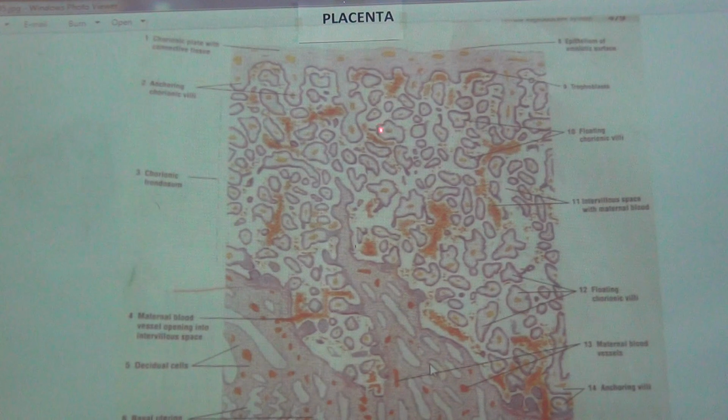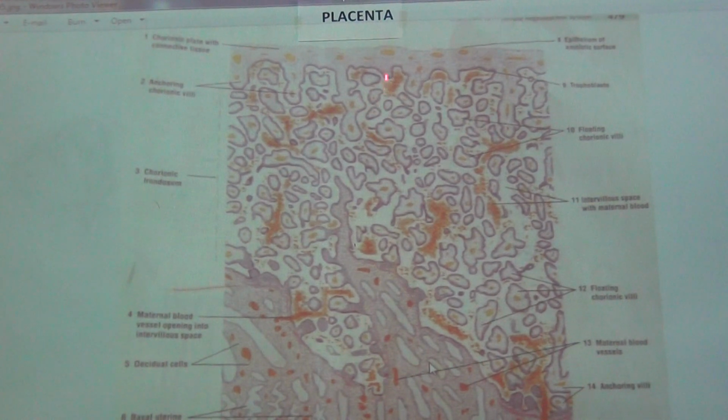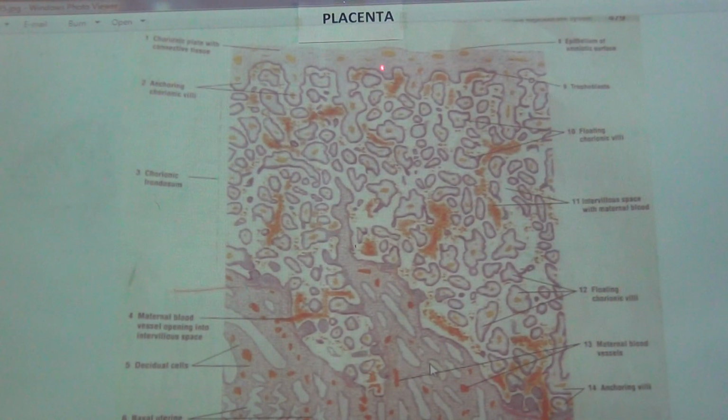These villi traverse between the chorionic plate and the decidua basalis. So in the center of these two areas, the chorionic plate and the decidua basalis, the inner portion is all filled by the villi.